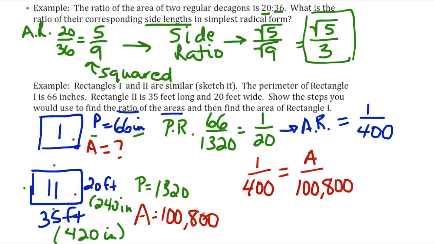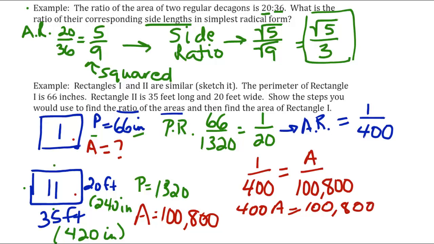Then we would cross multiply. A times 400 is going to equal 100,800. I'm going to run out of room here, I'll do my best. 400A equals 100,800.